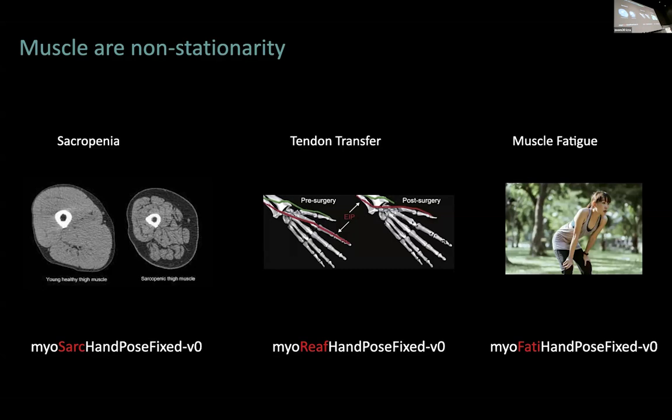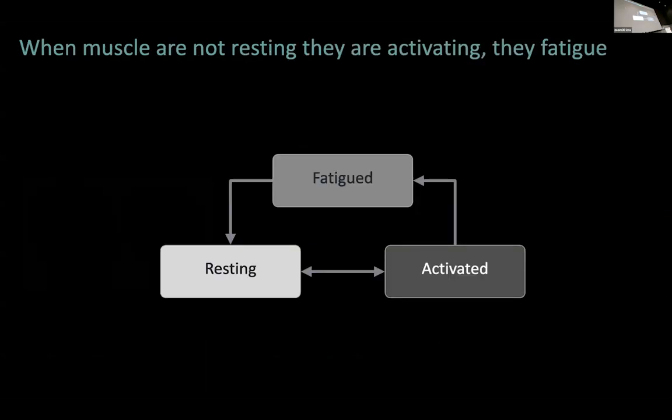And we have added from the beginning a fatigue model that you can add also with MyoFati, but more recently we have released a new muscle model, actually this week. I just want to mention why I think this model is better: it is a much more complete model. It's a three-state model that allows you to consider both fatigue and recovery. So when you rest, your muscle recovers from the fatigue.